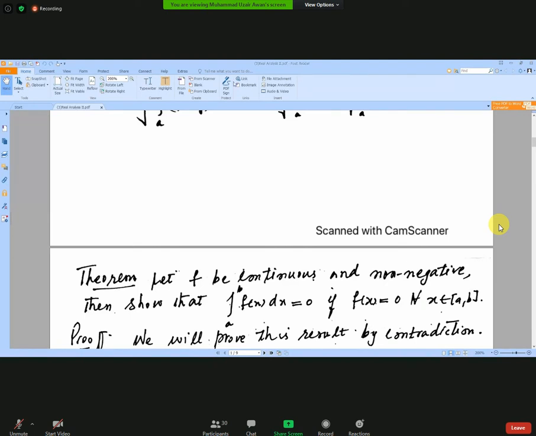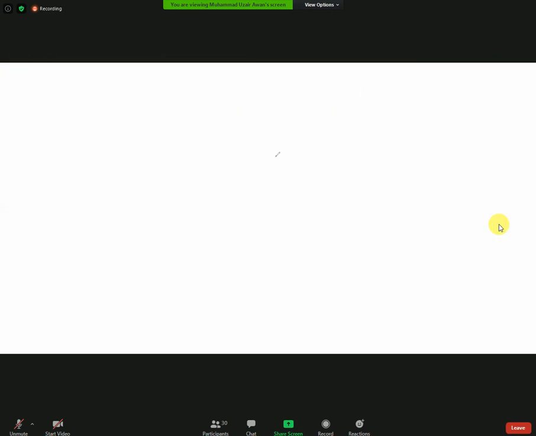This we have to prove. Now, हमने proof ये करना है कि if f is continuous non-negative function, then we have to show that integral a to b f of x dx is equal to 0 if f of x is equal to 0 for all x belongs to ab.